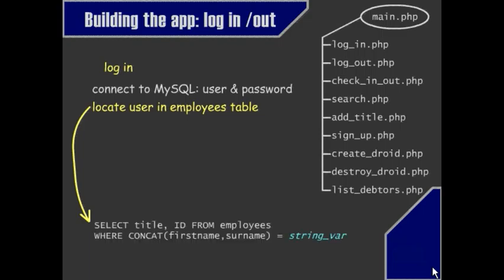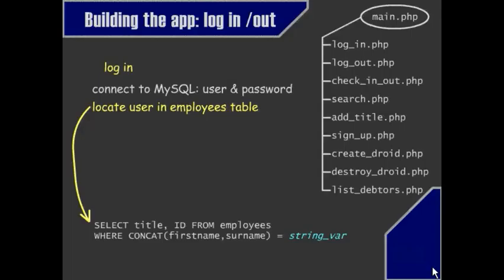And the query is something like this. Select title and ID from the employees table, where concat first name surname equals, and here's an application variable that I'm using to represent a variable that is going to be manipulated by the application itself. I've used the concat function, which is a MySQL function which essentially runs two strings or alphanumeric values together.